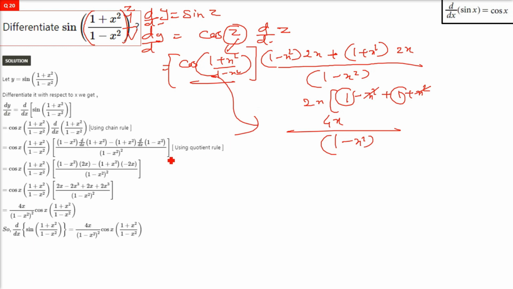So cos of 1 plus x square by 1 minus x square, this is going to be your final answer. This is 1 minus x square whole square in the denominator, please remember. So this kind of differentiation, we have used the normal version and then the quotient rule and the chain rule.